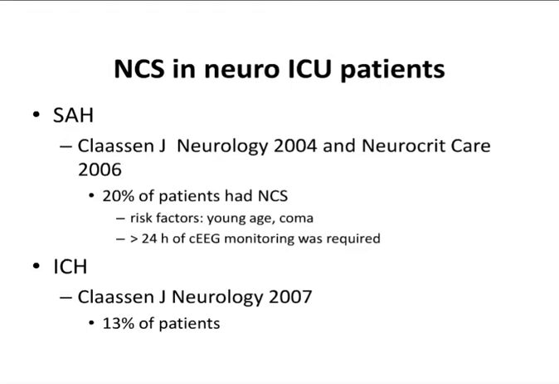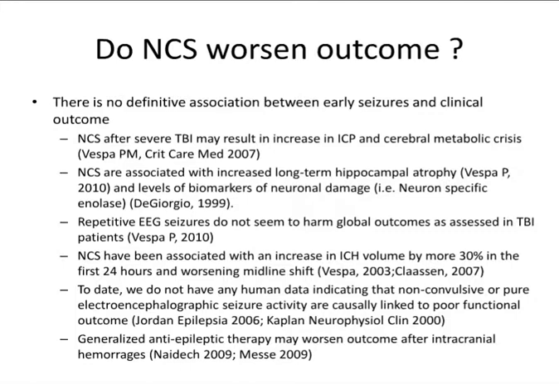It has been described as well in patients with intracranial hemorrhages, SAH or intracerebral hemorrhages, with a variable incidence again. And we don't know exactly, there is some debate about the relationship between non-convulsive seizures and outcome. There is an association between non-convulsive seizures and increased secondary brain damage, increased ICP, increased cerebral metabolic distress.